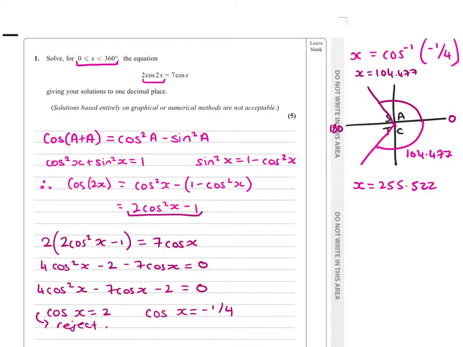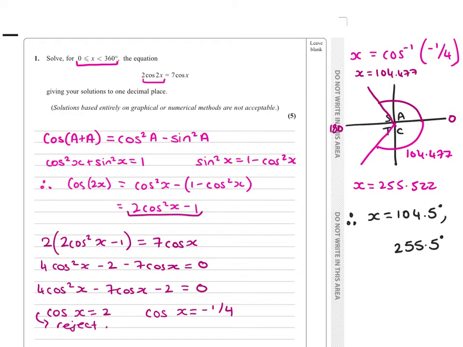I'm going to stop right there and go back to the question. It clearly says, give your solutions to 1 decimal place. So therefore, x equals 104.5 degrees and 255.5 degrees.